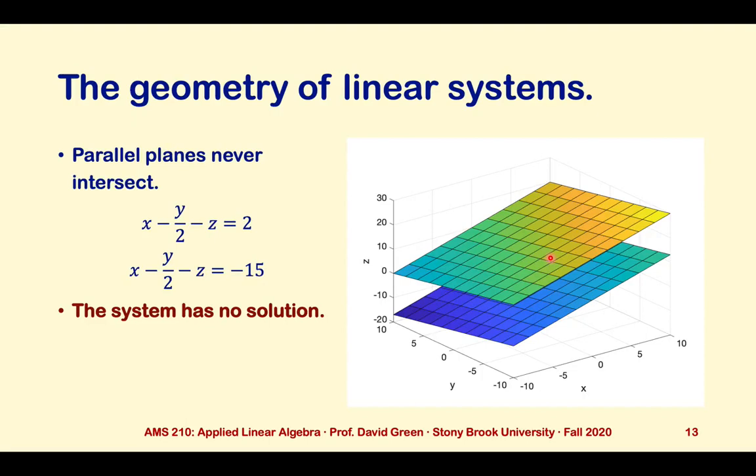They never intersect. It is impossible to find a set of coordinates that is on both of them. You can make sense of this from the equation form. Anything that satisfies the first equation would have this x minus y over 2 minus z equals 2. By definition, then, x minus y over 2 minus z cannot equal negative 15. This sort of system has no solution. Parallel planes do not have a solution.